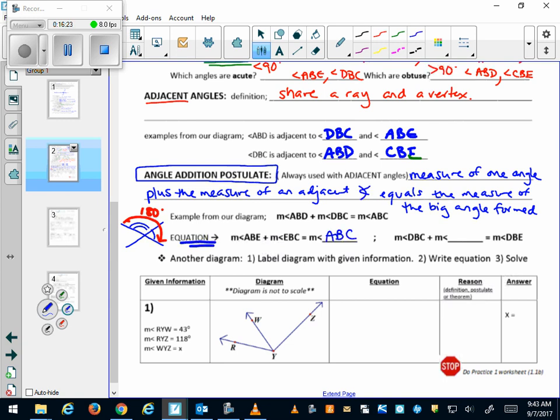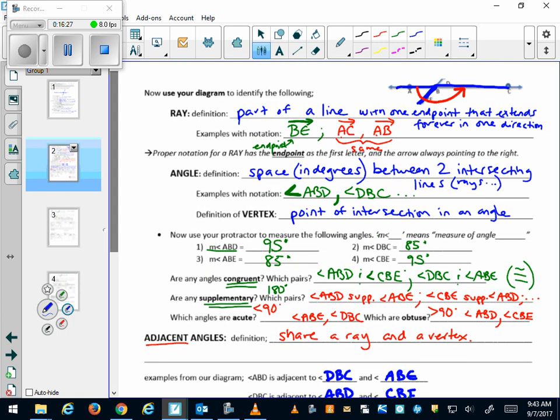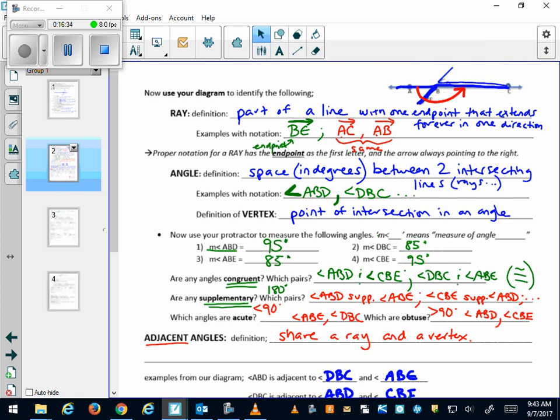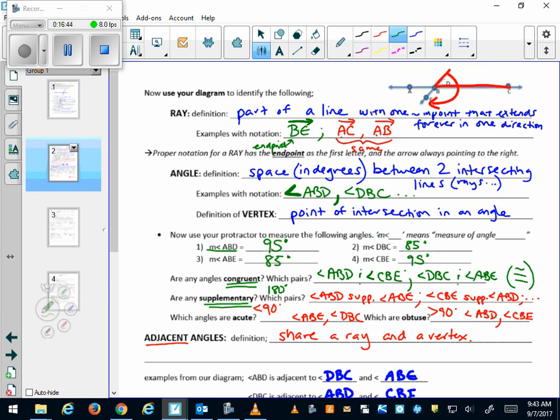And DBC plus what equals DBE? So we're looking for this big angle DBE. The one that's missing there is this one, which is EBC.